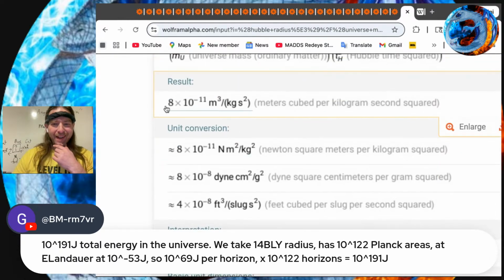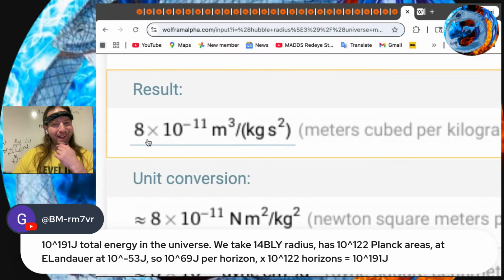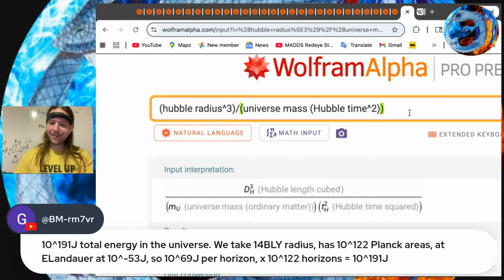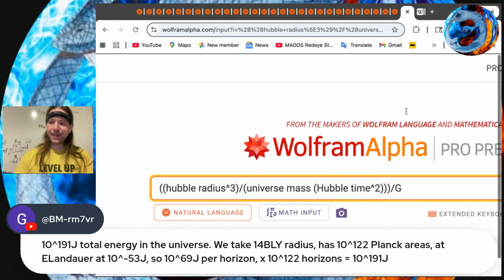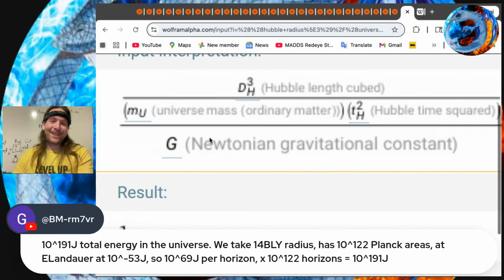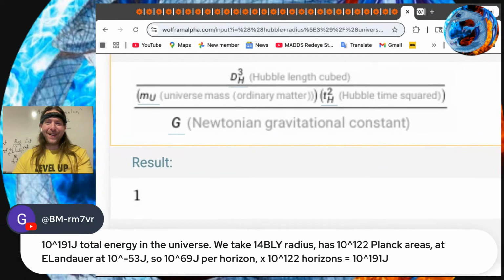Okay, see, user error there, universe mass. Yeah, so you can see if you had the parameters there, it gets the first couple of digits, because the Newtonian is like 6.67. That's a cool little thing. If you divide it by the Newtonian gravitational constant, it ends up being, okay, it's obviously rounding there. You're taking the Hubble length cubed divided by, because big G is Planck volume over Planck mass and then Planck time squared.